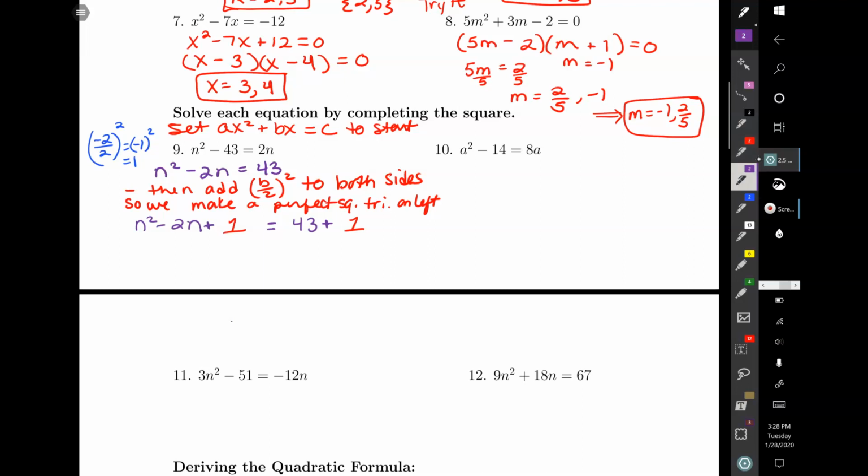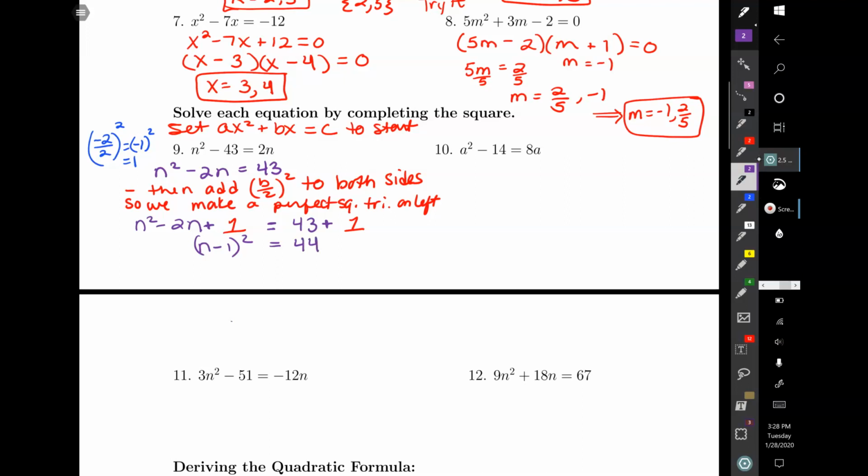N squared minus 2n plus 1 will be n minus 1 times n minus 1. But I really don't want to write it that way. I want to write it as n minus 1 squared. N minus 1 in parentheses, that is. All squared equals my 43 plus 1 is 44 on the right-hand side.